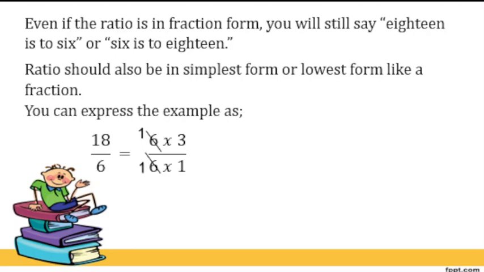So therefore, 18:6 is equal to 3:1. Again, we could not write that as 3 alone because we are comparing. Don't just write 3. Instead, 3:1.